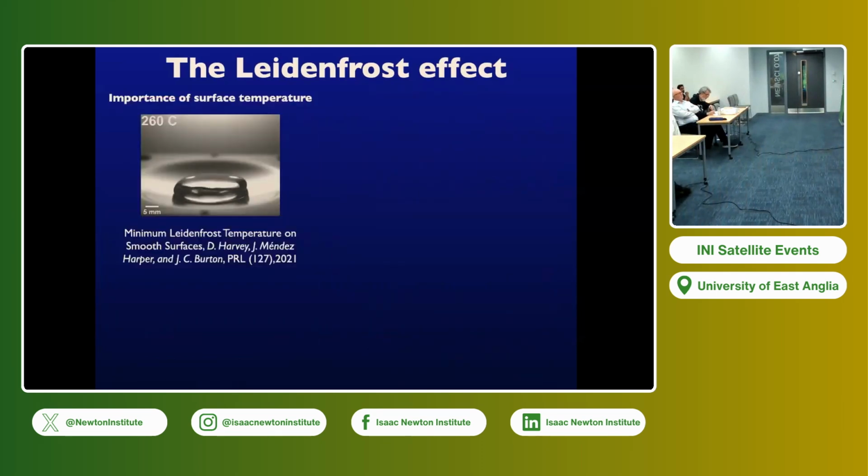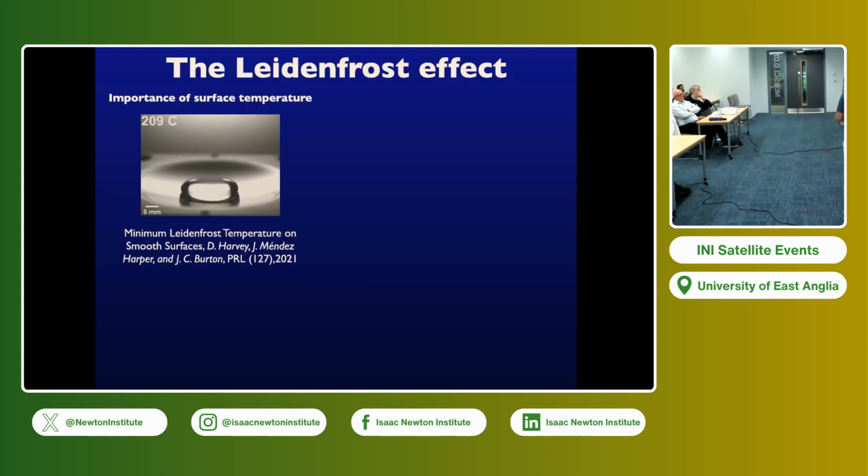One of the key features to have the Leidenfrost effect is the temperature of the surface. I'm explaining this because in the inverse Leidenfrost effect the same happens. So I think it's a good motivation to emphasize the importance of the temperature of the surface.